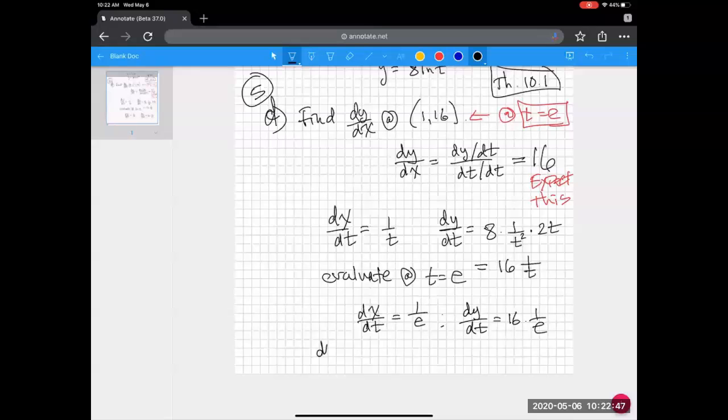And so therefore dy/dx is equal to 16 over e divided by 1 over e, which is 16, as we expected.